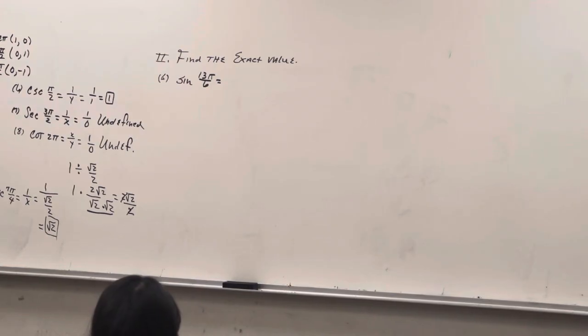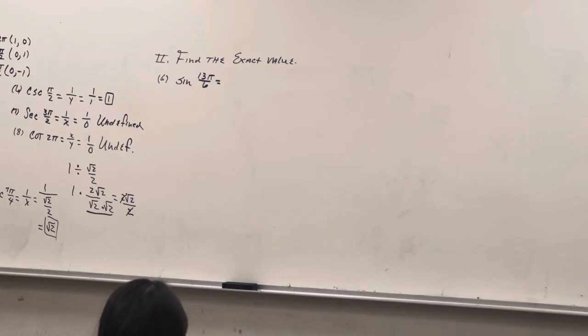Now, if I look at the table, is that one of them listed in the table? No. 13 pi over 6, when you search that table, I don't see 13 pi over 6 listed anywhere in that table. Now, you said, Professor, if I don't have it in the table, what am I going to do? And no calculator's allowed. I can't really place it in a calculator and see on the screen what the answer is. Any ideas?